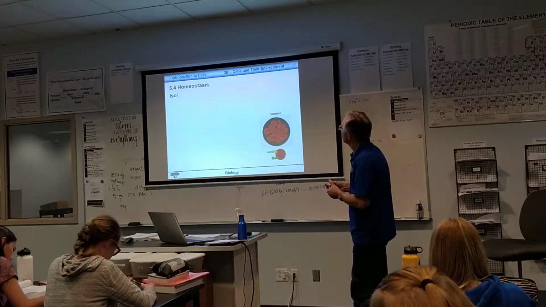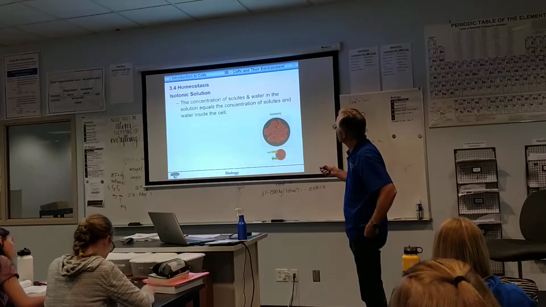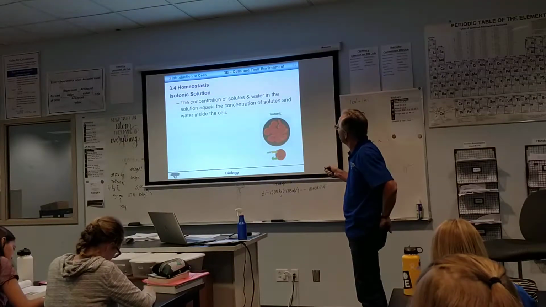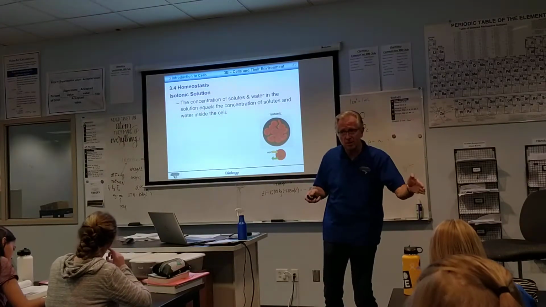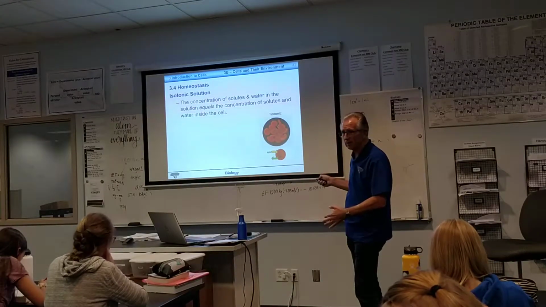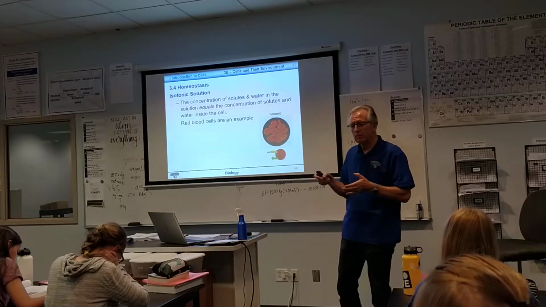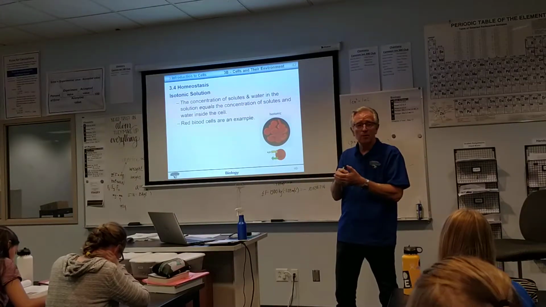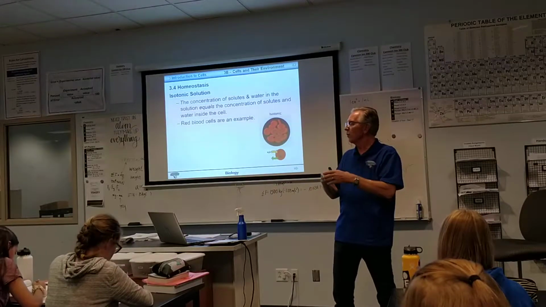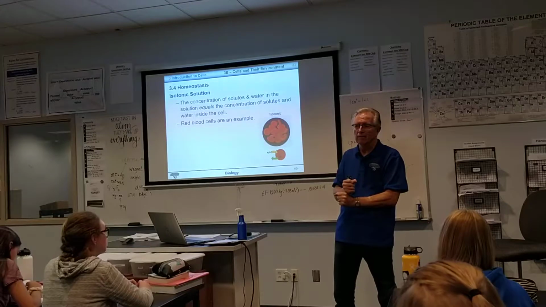Let's go on to this slide here. So if the concentration of the solids and water in the solution outside the cell equals the concentration inside, then you have isotonic. If you were to put a cell in there, the cell would stay the same size. It wouldn't swell up and pop, or shrink and die.